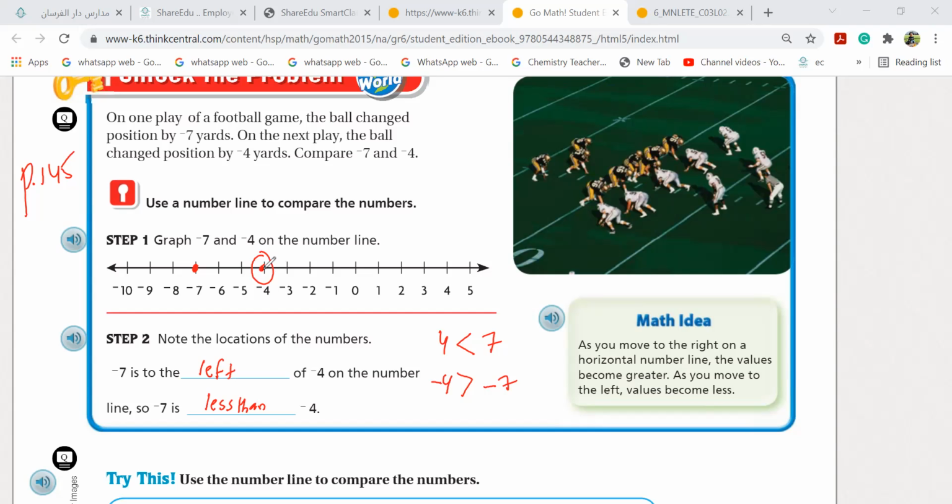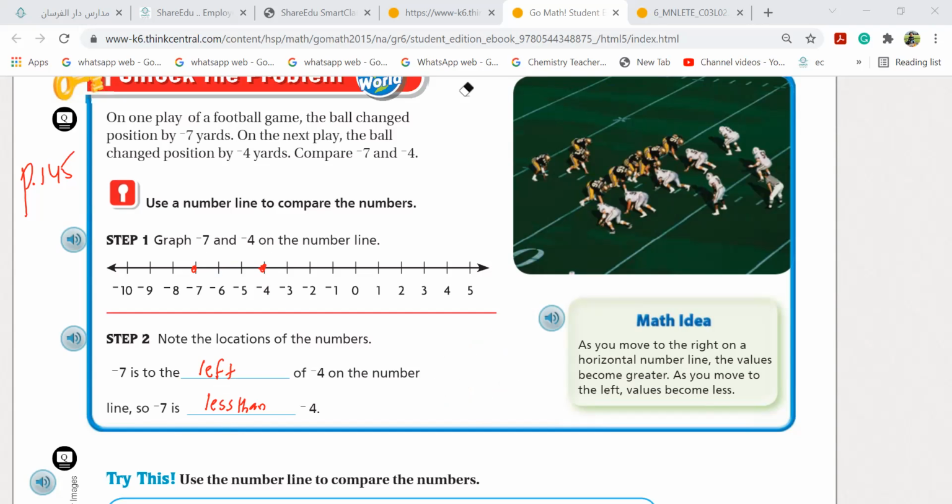Because -4 comes first and then comes -7 on the number line. You just put a point here and a point here and you write it's less than. So you all agree that -7 is less than -4, right? Okay.